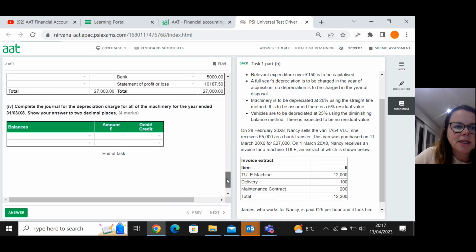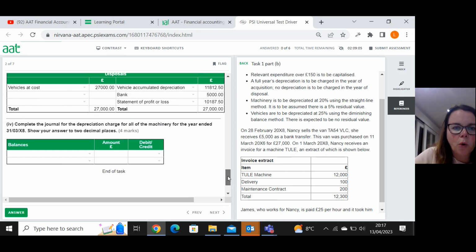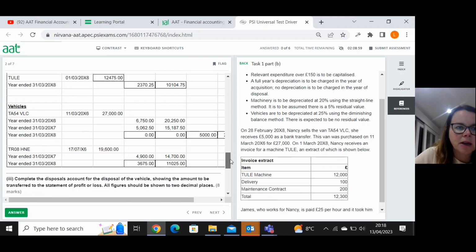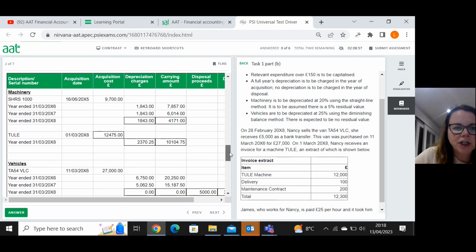Complete the journal for the depreciation charge for all of the machinery for the year ended 31st of March X8. Right, so all of the machinery, here's the machinery. So the total amount of depreciation is the 1,843 add £2,370.25.